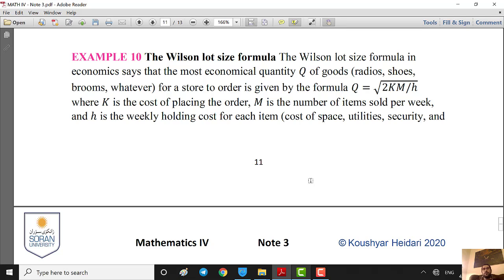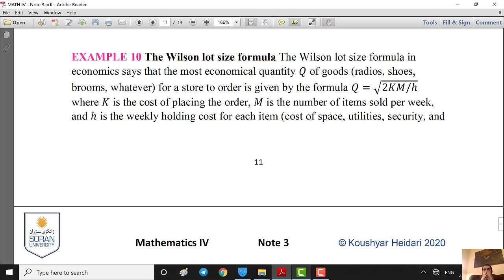Now, the function in this example is actually a formula that is very common in commerce and economics. Example 10 is titled the Wilson lot size formula. The formula that I'm talking about is called the Wilson lot size formula.